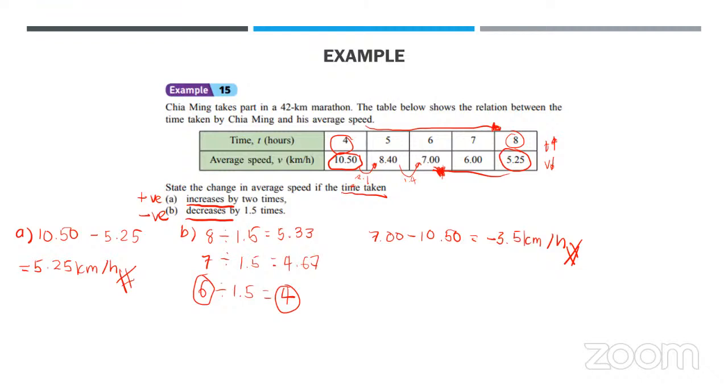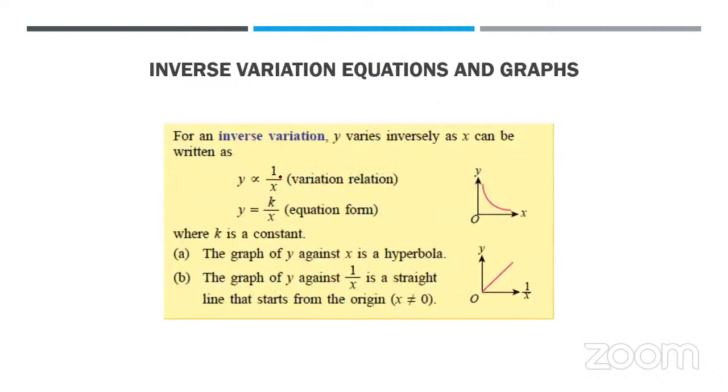Let's move on to the next part, which is inverse variation equations and graphs. Let's look at the text here. For an inverse variation, y varies inversely as x can be written as y is proportional to 1 over x, which is the variation relation, how you basically express inverse variation in mathematical notation.